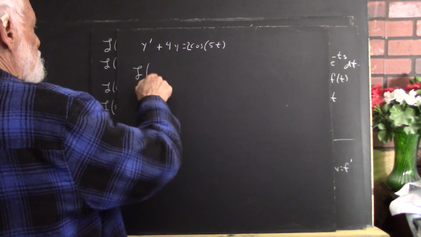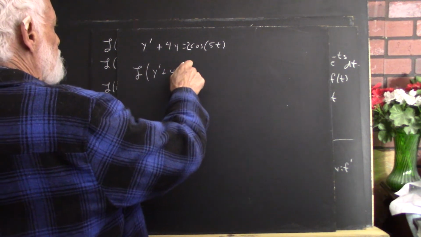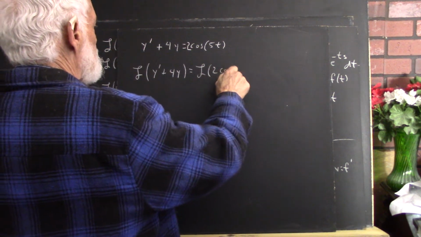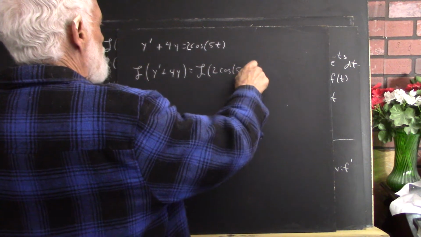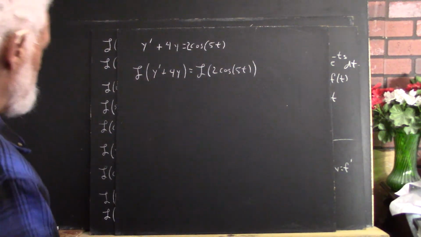We take the Laplace transform of y prime plus 4y plus the Laplace transform of 2 cosine of 5t.